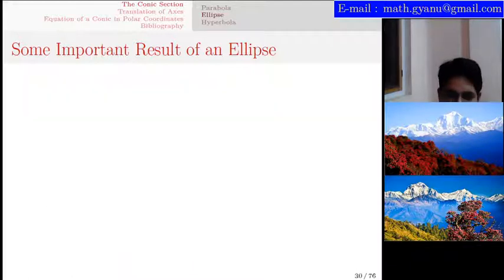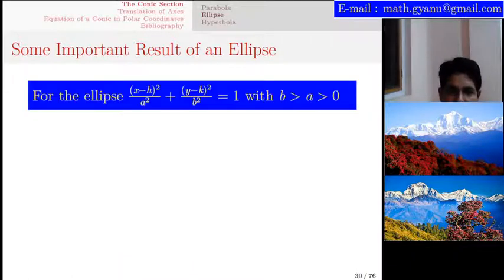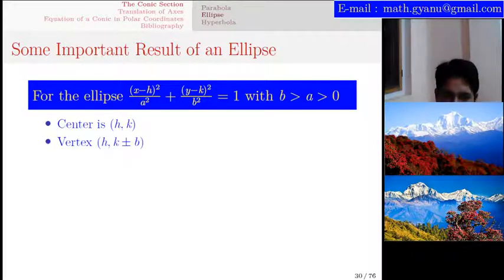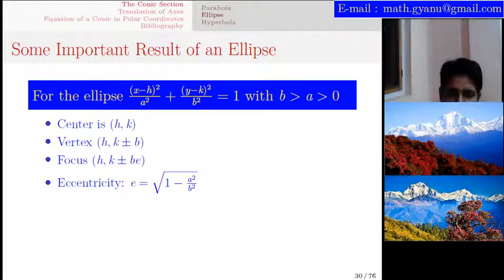And another form of ellipse will be x minus h whole square by a square plus y minus k whole square by b square equal to 1, with b larger than a and both non-negative. In this case the center is h, k, the vertices will be h comma k plus minus b, the foci will be h comma k plus minus be, and the eccentricity will be square root of 1 minus a square by b square.